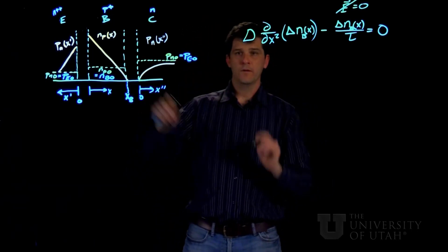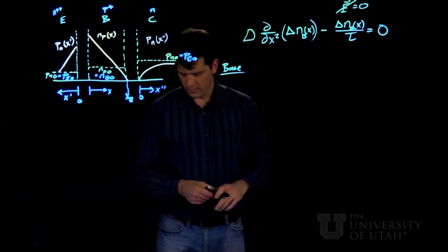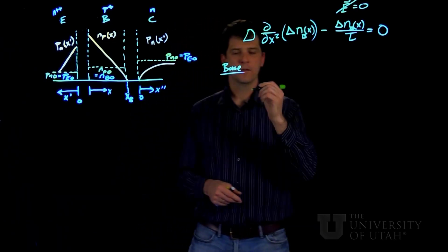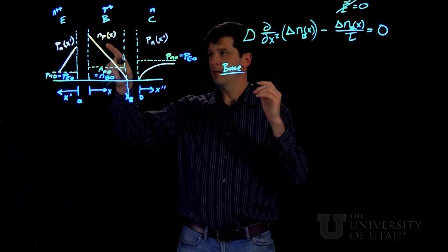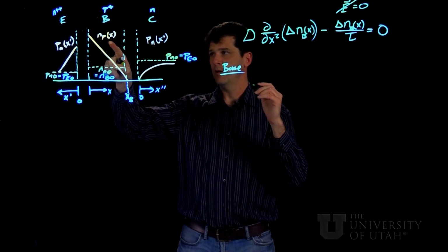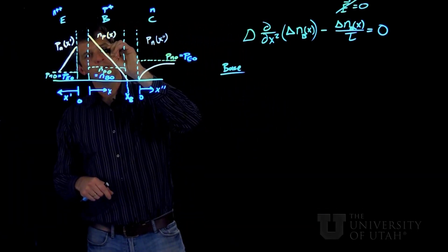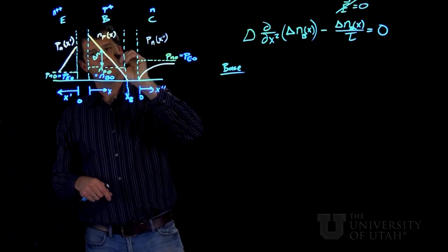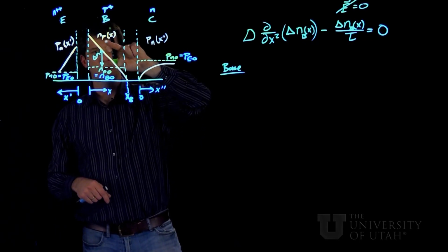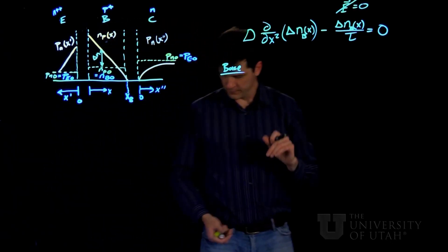Okay, so let's consider the base first. So in the base region, we can write first this delta n of x function, and this is going to be our delta n, remember, which is the actual concentration minus the concentration at thermal equilibrium.